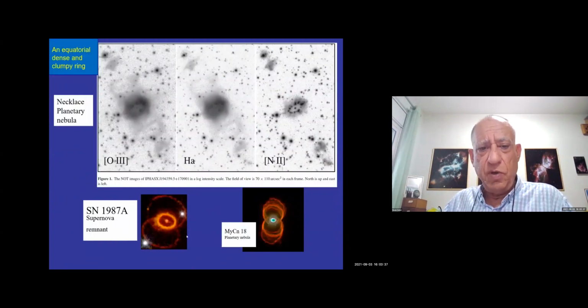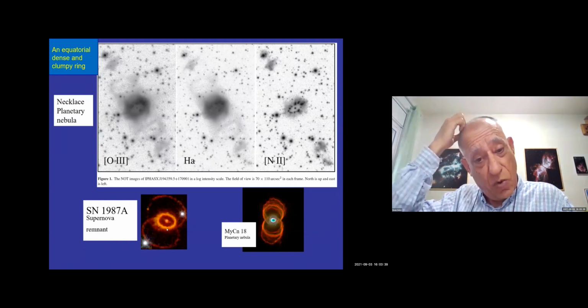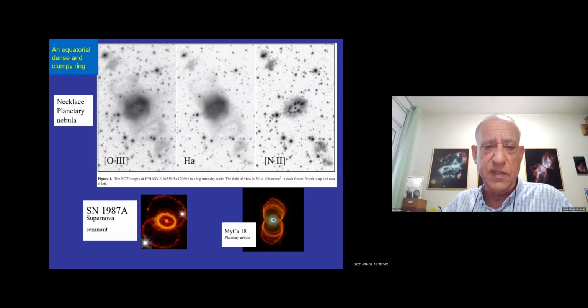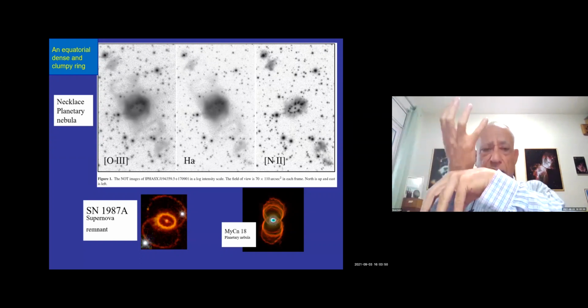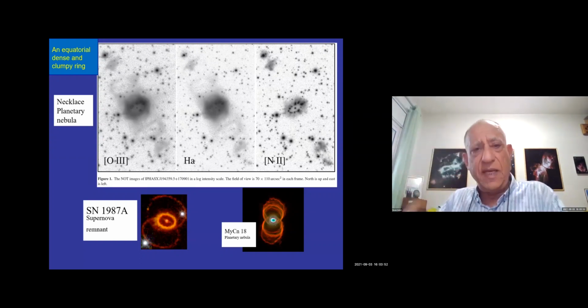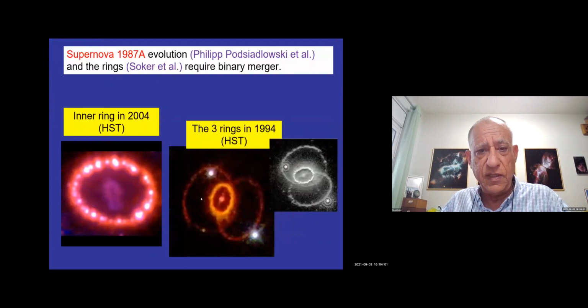And if you look at supernova 87A on the lower left, you see also a central ring and an upper and lower larger ring. On the right-hand side, you see something similar, which is the planetary nebula. You see several rings, but again, on two opposite sides, kind of an hourglass.